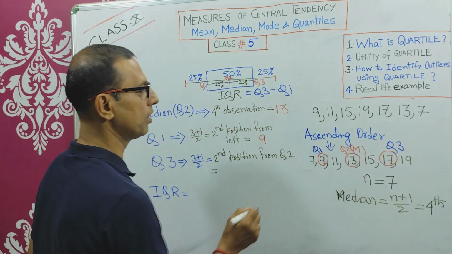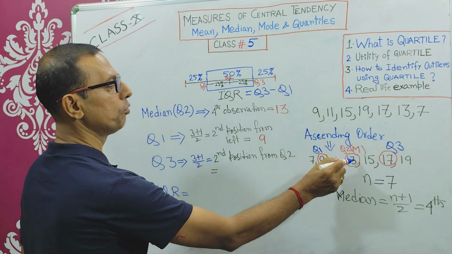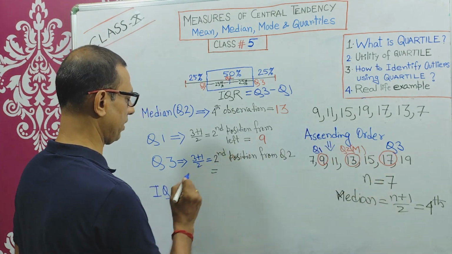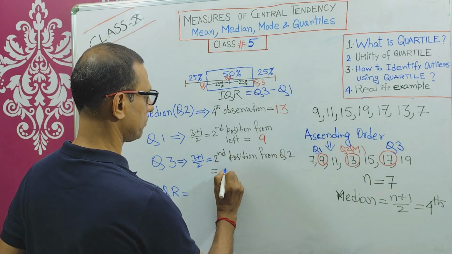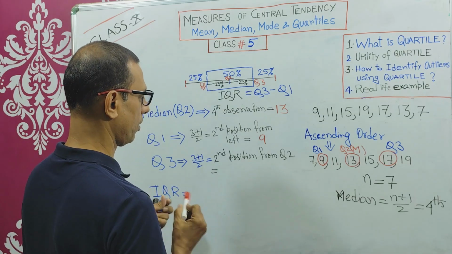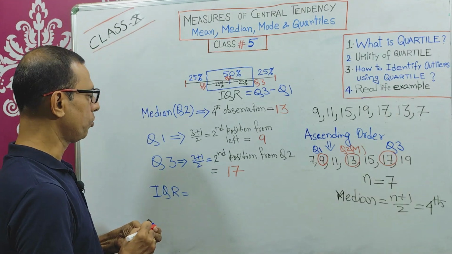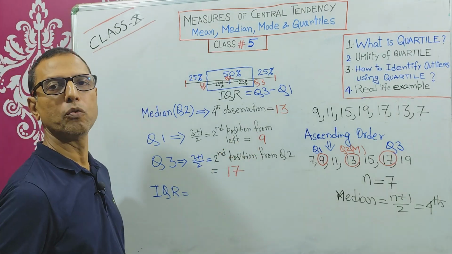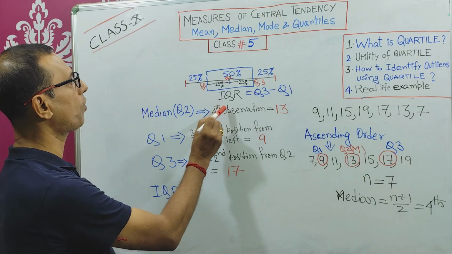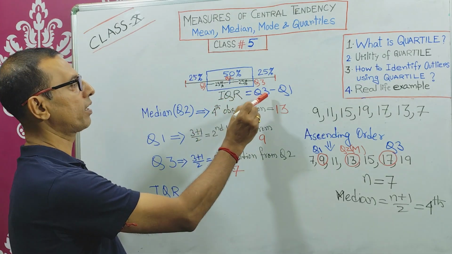So now Q1 is 9, Q2 is 13, Q3 is 17. Now you know what Q3 and Q1 are. So now the interquartile range. What is it?